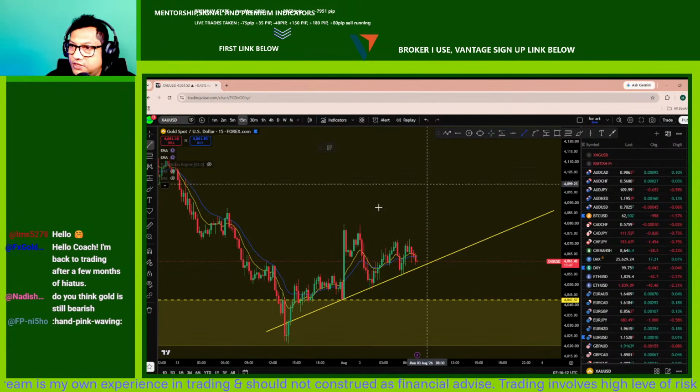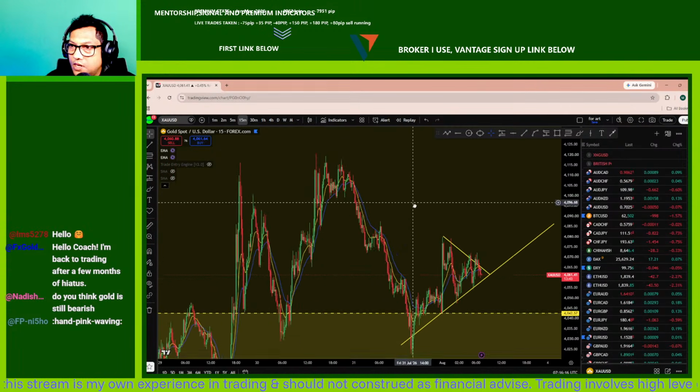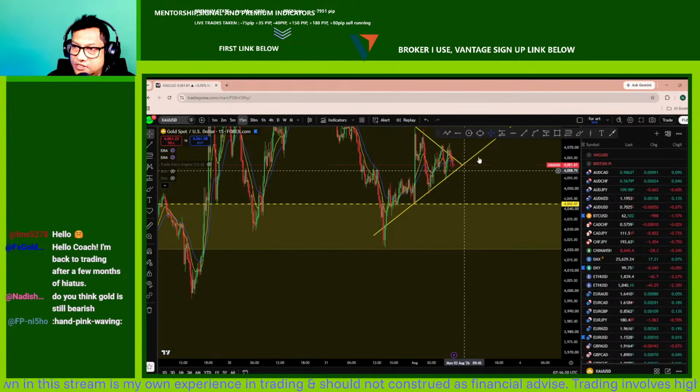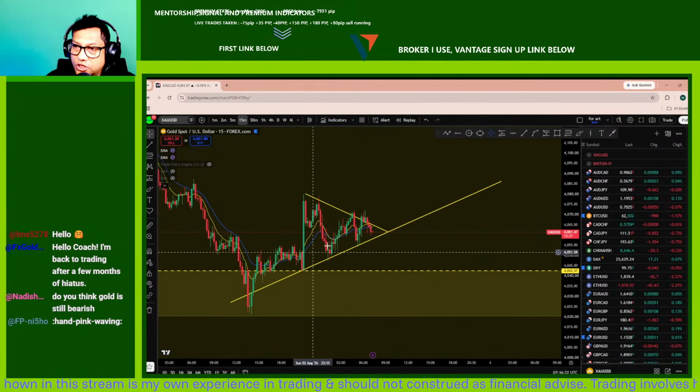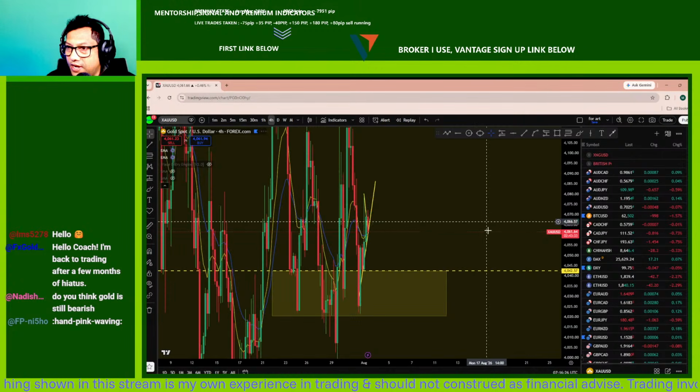And also there is a triangular pattern here. The overall market structure in this area on this lower time frame is up.